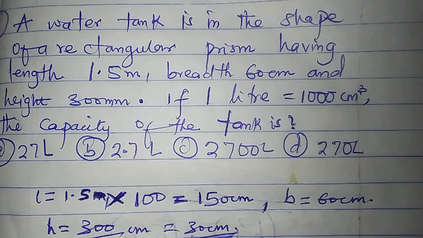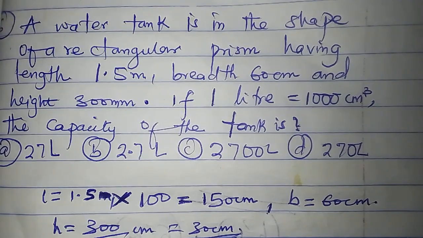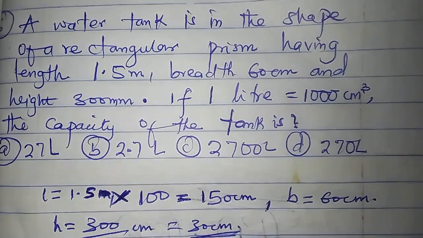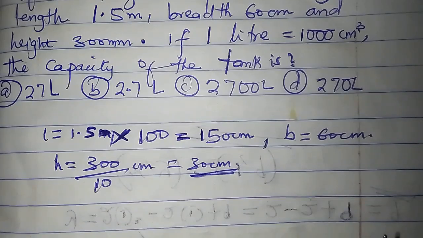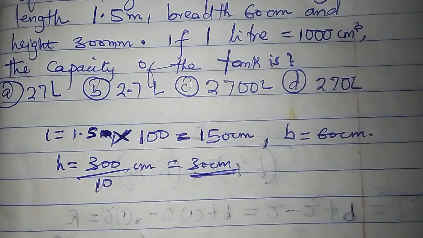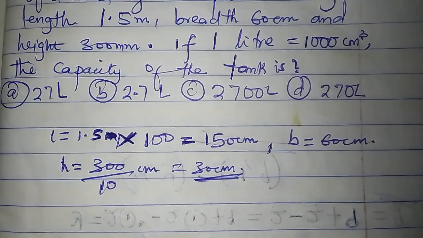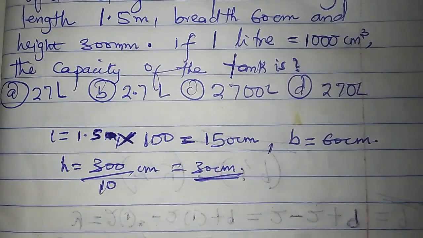Good. The question says that the tank is in the shape of a rectangular prism. The capacity of the tank is the same as the volume of the tank. So what is the volume of a rectangular prism? The volume is always area of cross-section times height. The cross-section I'm talking about here is the rectangular face.